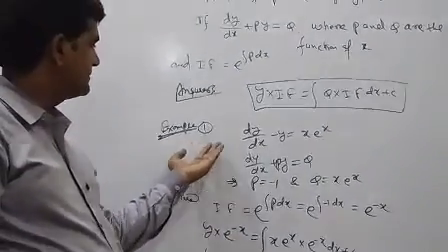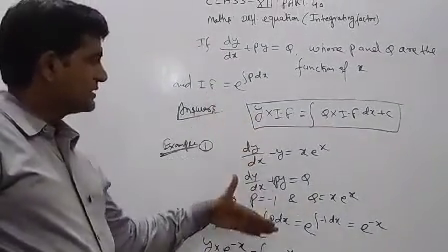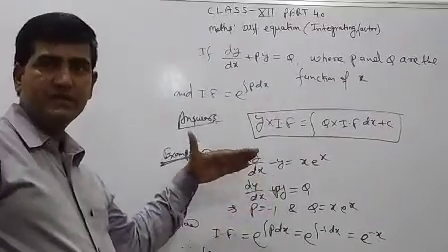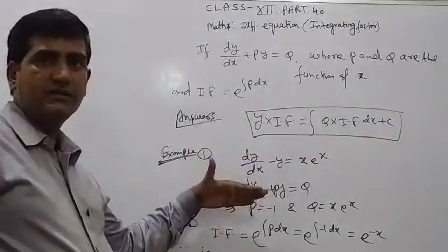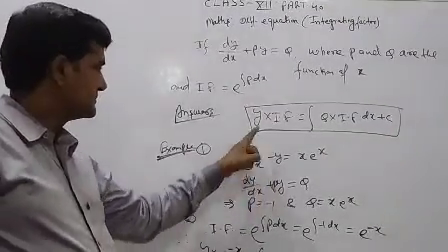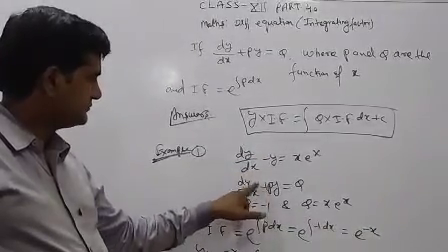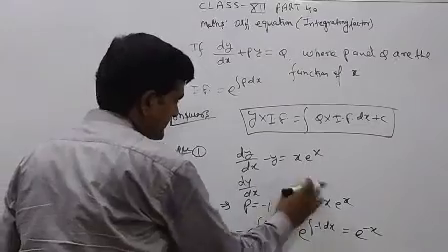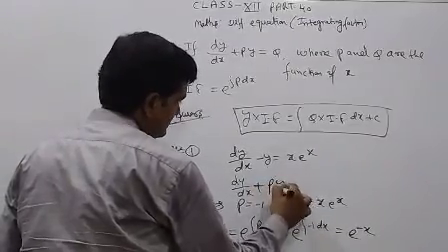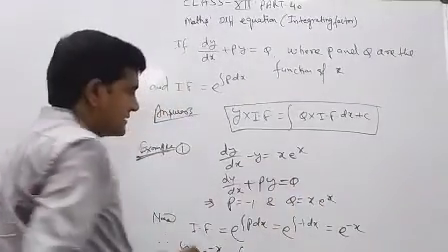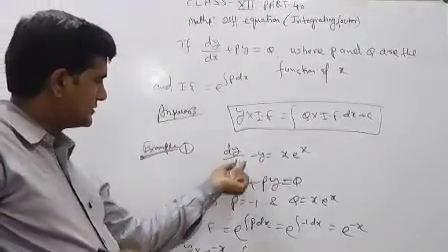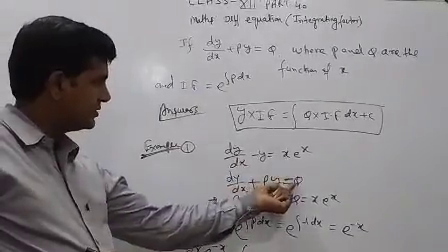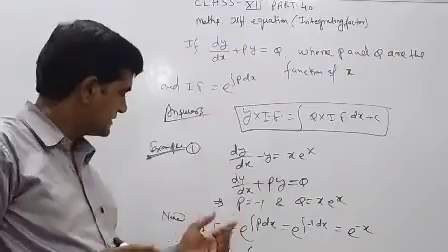This is example number 1. If any question is given, first of all, the given question has to be changed into this form, dy by dx plus py is equal to q. After that, comparing the given question to this, we will find the values of p and q, both functions of x.